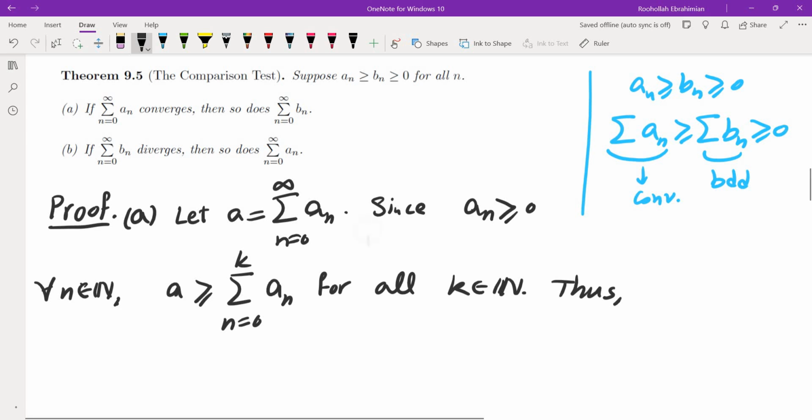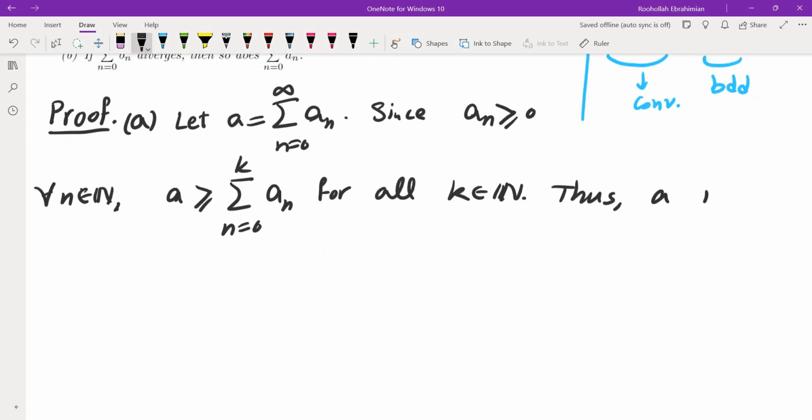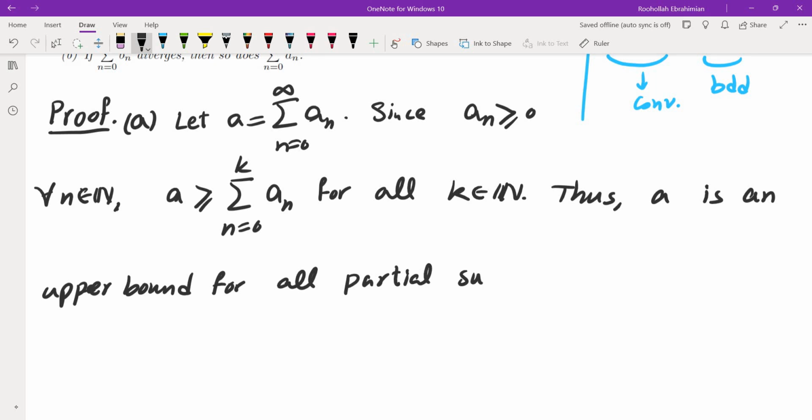Thus, A is an upper bound for all partial sums of the sum of b_n, n equals 0 to infinity.